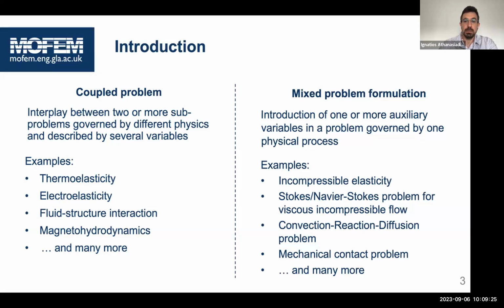So standard problems that engineers usually solve with one equation and one unknown variable can be transformed into a mixed problem that reminds us of a coupled problem, because there are two unknowns, yet they are not listed as coupled because they have this extra auxiliary variable for the same physical problem.